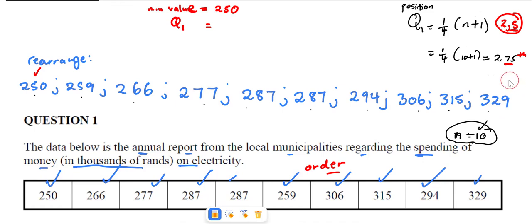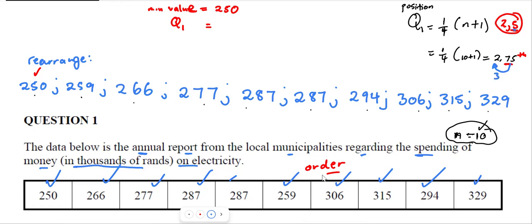Guys, there are so many ways, but when you are using this formula and you have a 2,75 like this, you round off to the nearest whole number. So 0.75, as we can see, is bigger than 0.5, meaning it's going to change this into 3.